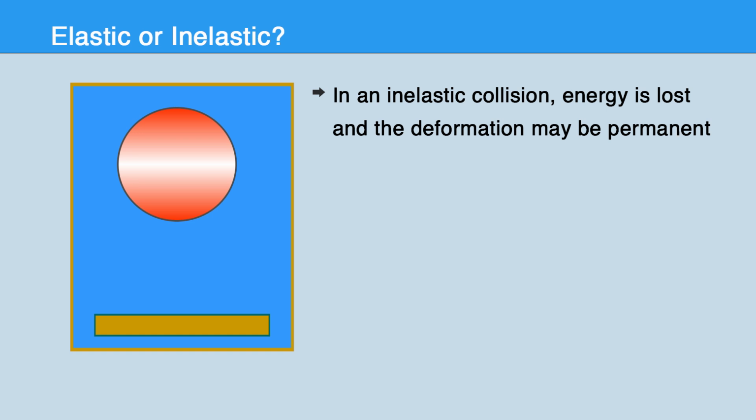It means when two objects collide, they might not bounce off each other completely. Some of their energy is lost, often as heat, sound or by causing the objects to get squeezed. Unlike an elastic collision, the objects may not go back to their original shapes and the damage or deformation could be permanent.